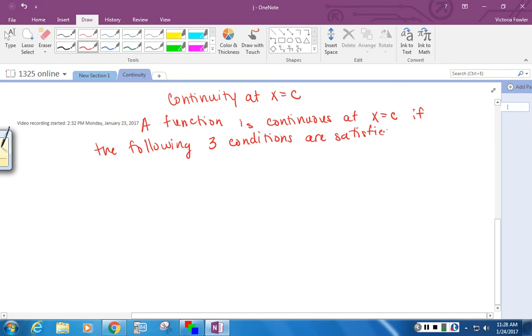If you are one who likes making flashcards, this is a good spot to make those because you'll need to have these memorized. What are the conditions?